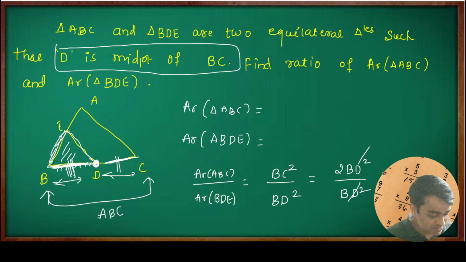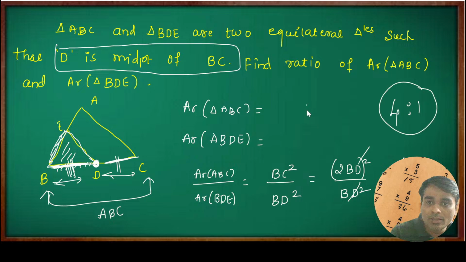Any doubt in this question? Wait. Area is asked, so this is the whole square actually. 2BD whole square, that means this will be 4. 4 is to 1 is the right answer. BC is equal to 2 times BD.